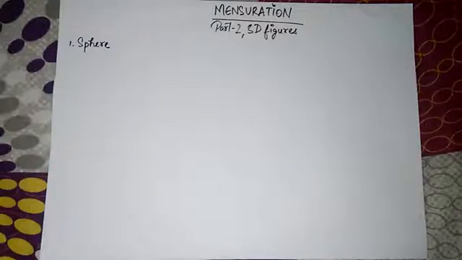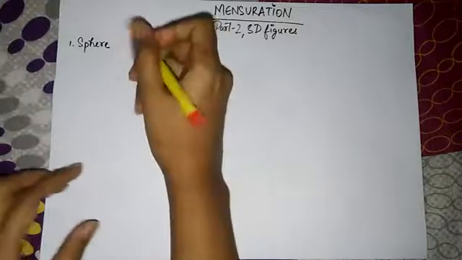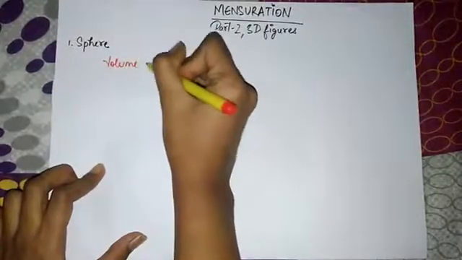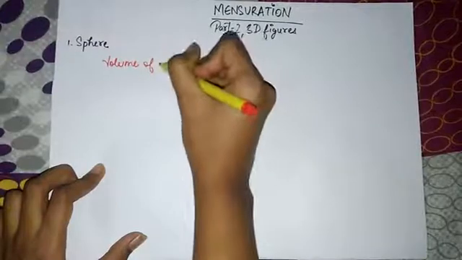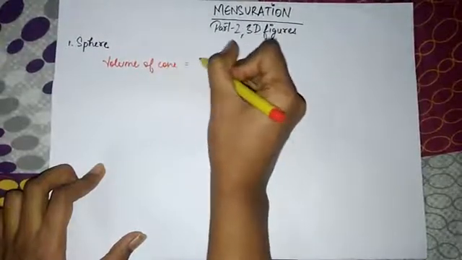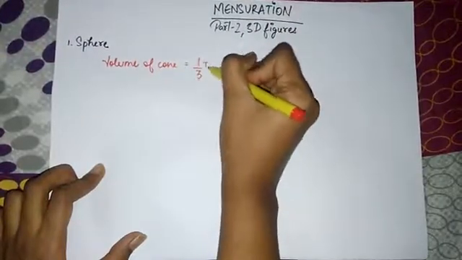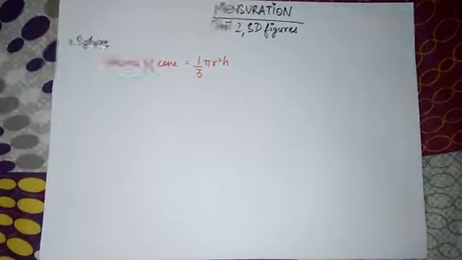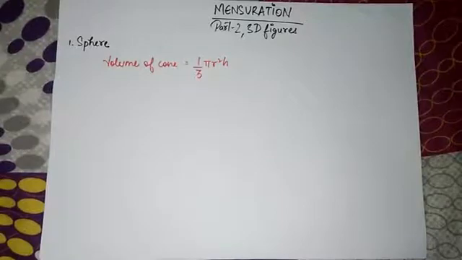I hope you remember the formula of cone I told you in my last video. It was, let me write it, volume of cone 1 by 3 pi r square h. This is the formula for volume of a cone.